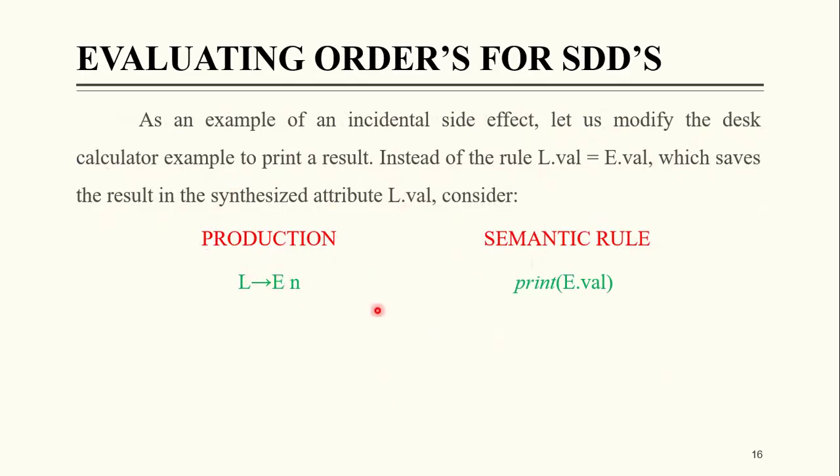Instead of L.val equals E.val, here we write the semantic rule as print(E.val). Instead of copying data from E.val to L.val, we are just printing the result. So here we avoid storing the value in a memory location for copying. Instead of copying, we just print the values.